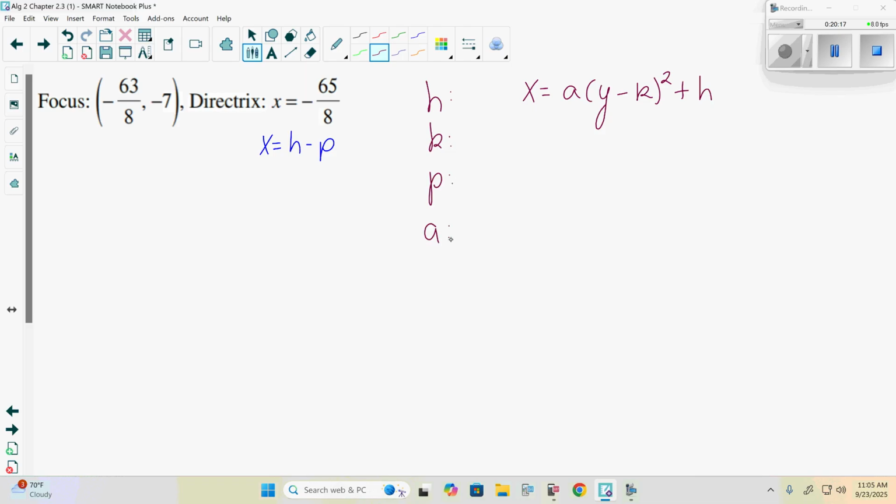And we still need to find the values of h, k, p, and a, yes? So we can find the value of p from the directrix h minus p because it tells us its value.